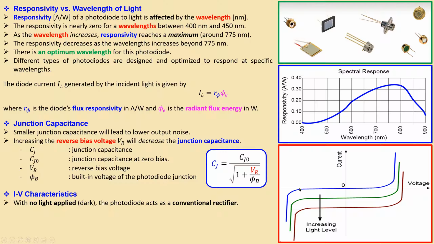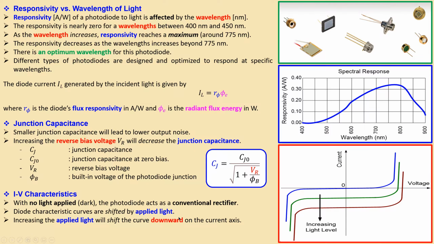And in this case, it is approximately 0 for your current. So that's the conventional rectifier. Now, increasing the applied light will of course shift that curve in this downward direction, and you will then have more light current. Okay, that's what we already said.